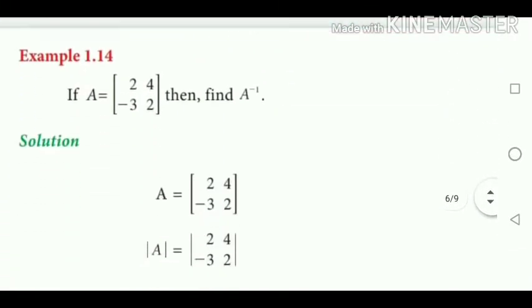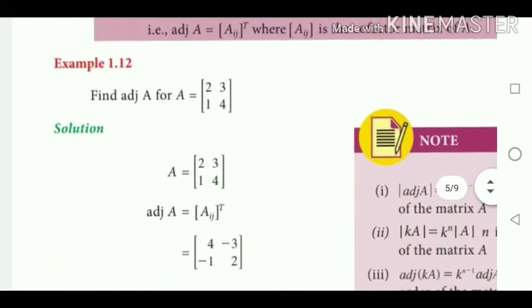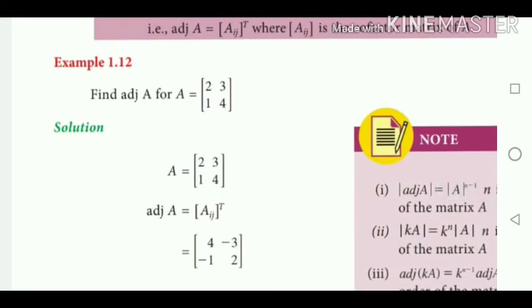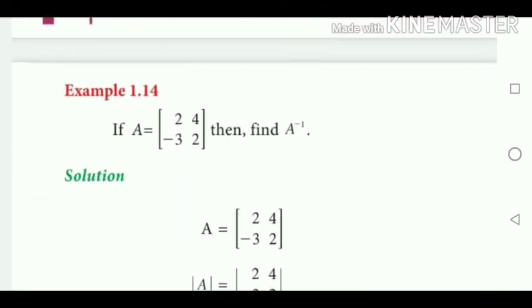Example 1.14. If A equal to 2, 4, -3, 2, then find A inverse. Listen. In the last sum they asked about the adjoint, that is in 1.12, they asked about the adjoint of A. But in 1.14, it is asked to find A inverse.